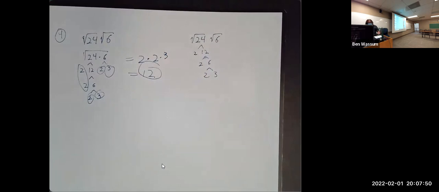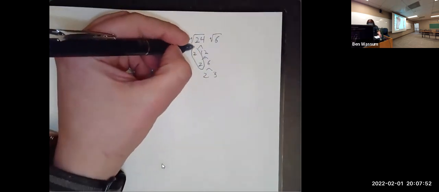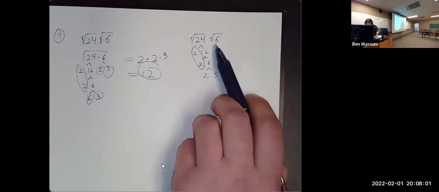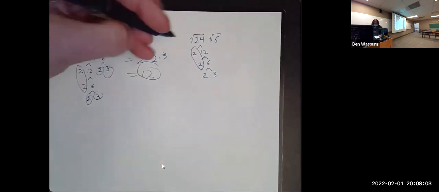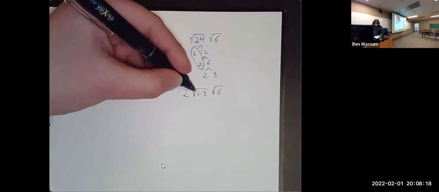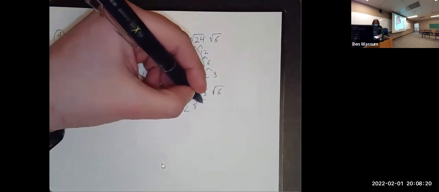All right. Yeah, we saw the fact that this wasn't going to go together perfectly coming because the square root of 6 is still here. So this 2 would come out. But what do I have left? The square root of a 2 and a 3. And that root 6 is still there. Well, what's this 2 times 3? It's root 6.